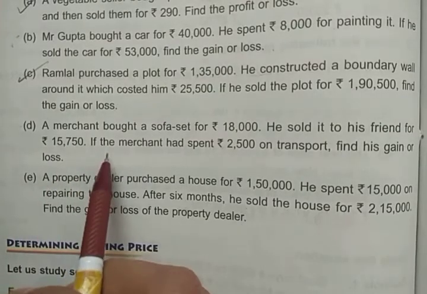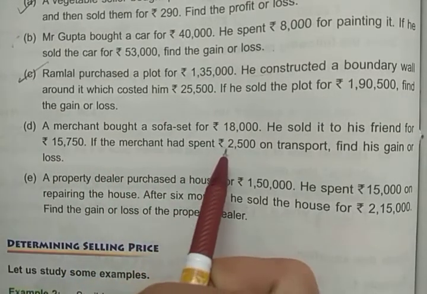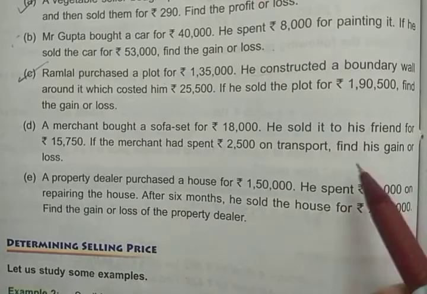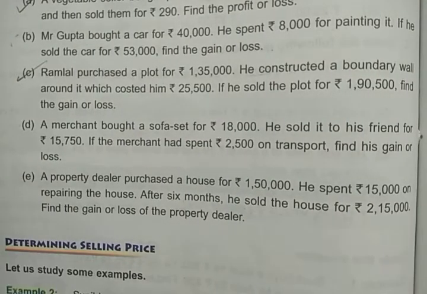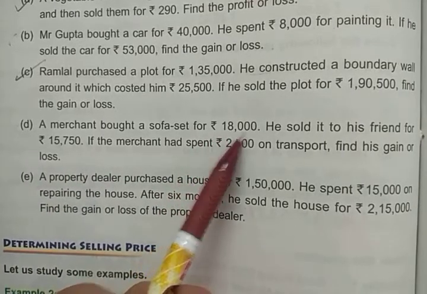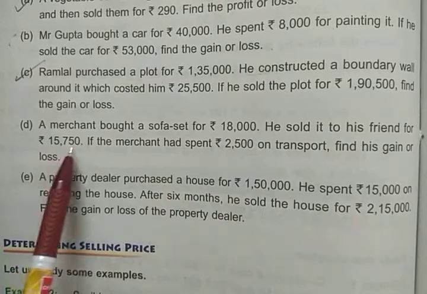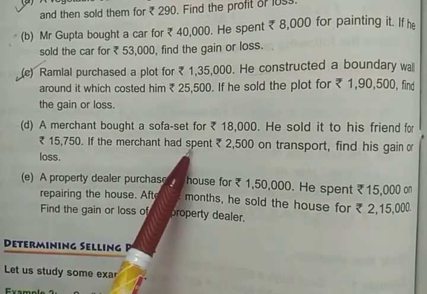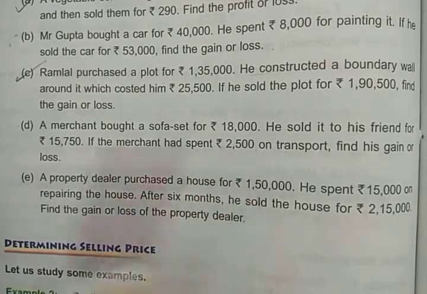If the merchant had spent 2,500 on transport, find his gain or loss. So you can see here that the cost price is rupees 18,000 and the selling price is 15,750, and the merchant also spent 2,500 on transport.